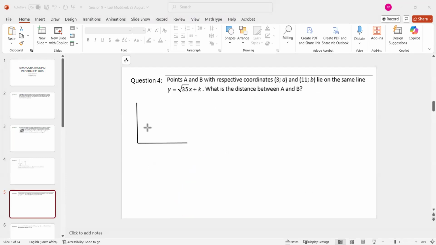So (3, a) means the x coordinate is 3. So let's just go here. The other one is 11. So say this is (3, a). This part is 3, and that part is a. Just remember that.